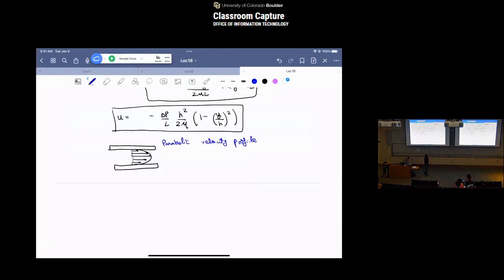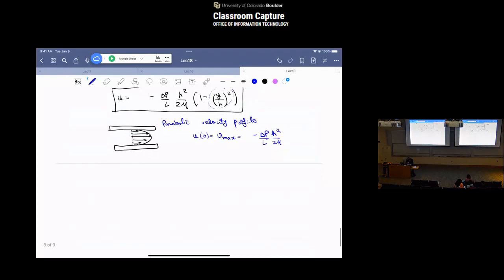Can someone suggest where is the velocity maximum? Y equal to 0, perfect, right? When y equal to 0, this term goes to 0, so 1 minus this term goes to 1. So at y equal to 0, small u is equal to u max, and that is equal to minus delta p by l times h square by 2 mu.